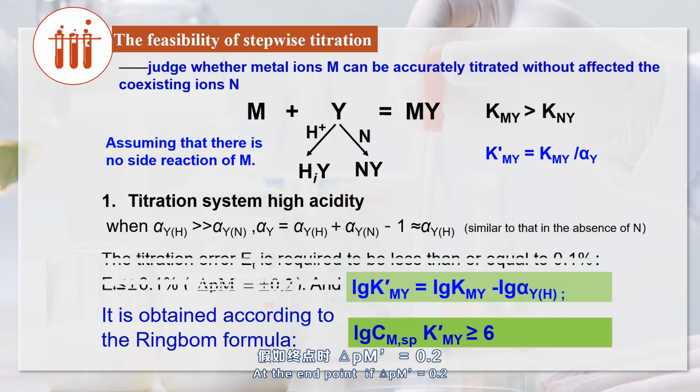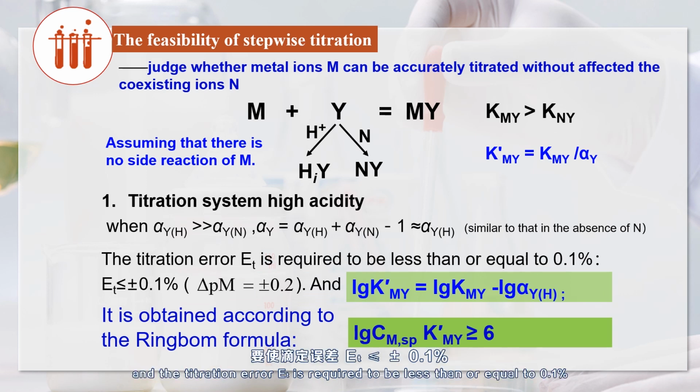At the endpoint, if delta pM' equals 0.2 and the titration error ET is required to be less than or equal to 0.1%, it is obtained according to the Ringbom formula that log CMSP K'MY is more than or equal to 6.